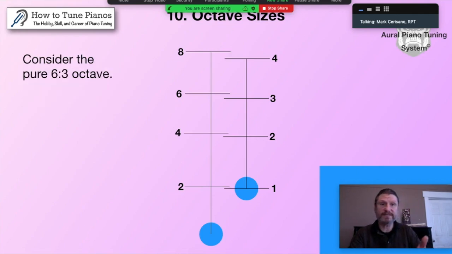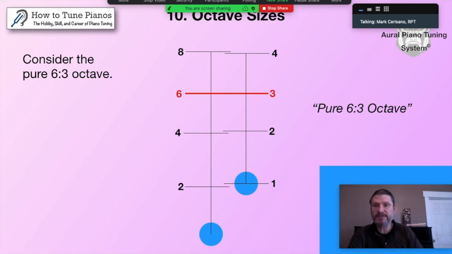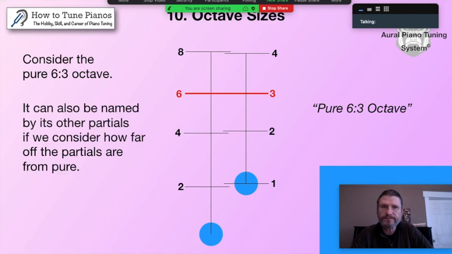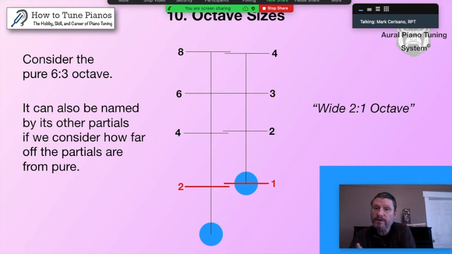For example, consider this pure 6-3 octave. It can also be named by its other partials if we consider how far off the partials are from pure. For example, if we look at the 2-1, the 1 is the top note. It's on the top note, that red 1, but it's a little higher than what would make it pure.